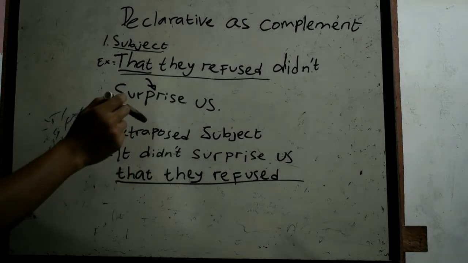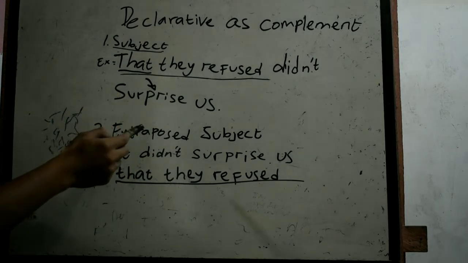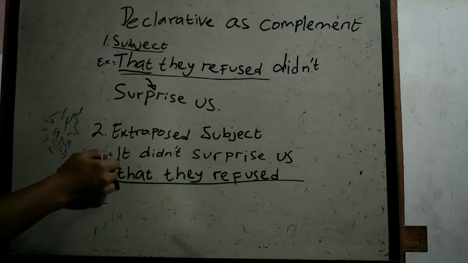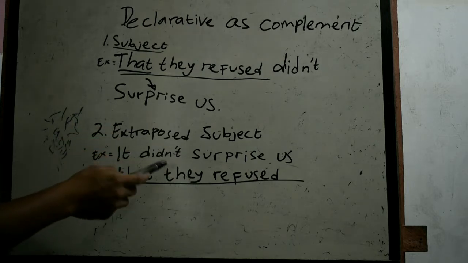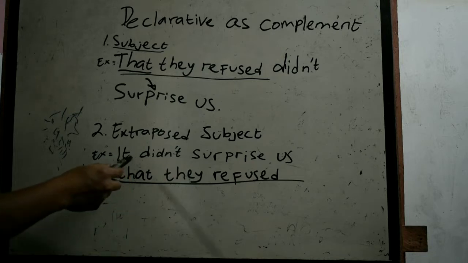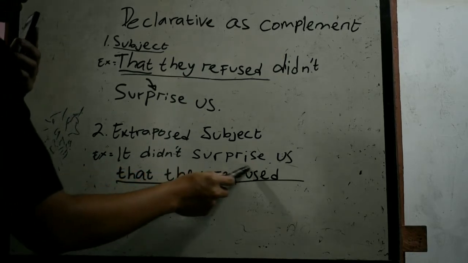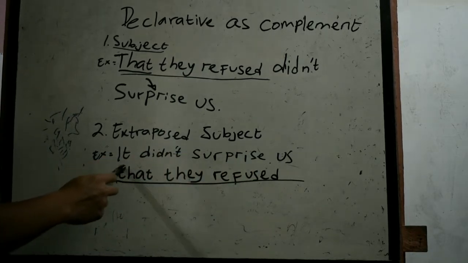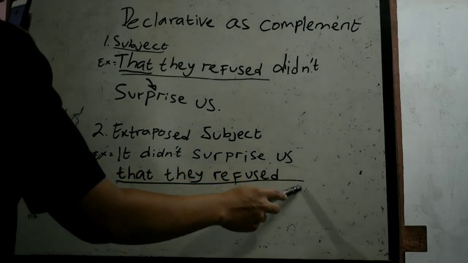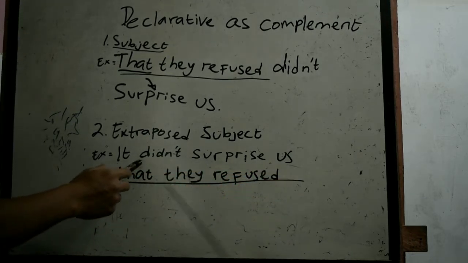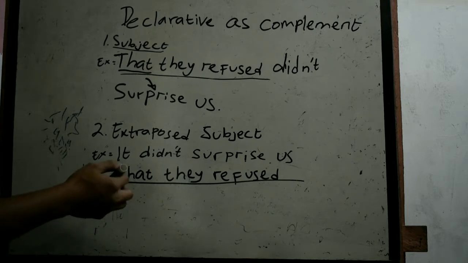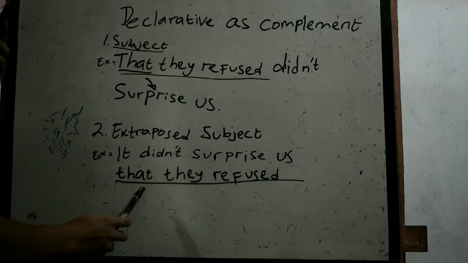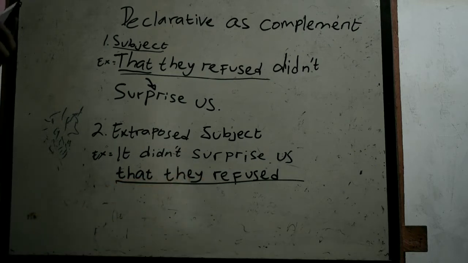This topic is a synonym of subordinate clause, so the function is the same as a subordinate clause to explain the main clause. This is the main clause, and then this is the extra post subject, like a subordinate clause. It didn't surprise us that they refused, like that.